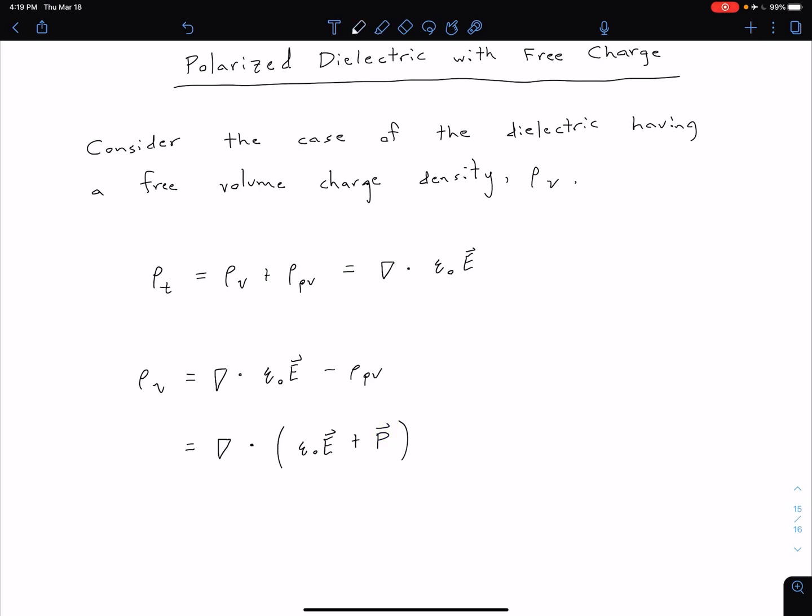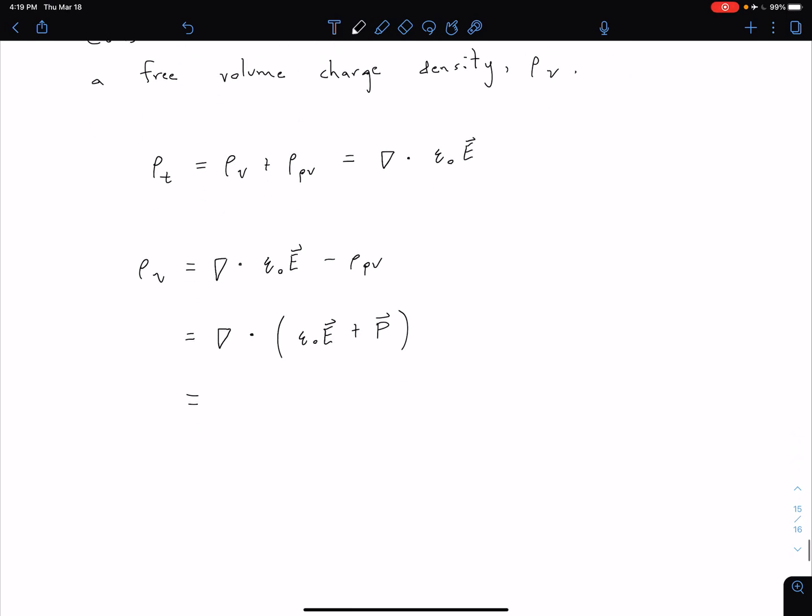So at any rate, we now have this, and if we compare to our initial form of Maxwell's first equation, we know that that has to be equal to del dot D. So comparing that, we see that our D has to be equal to what's here in the parentheses.